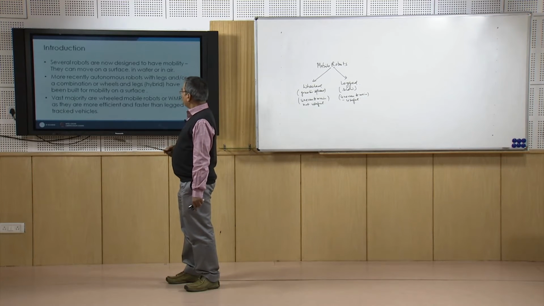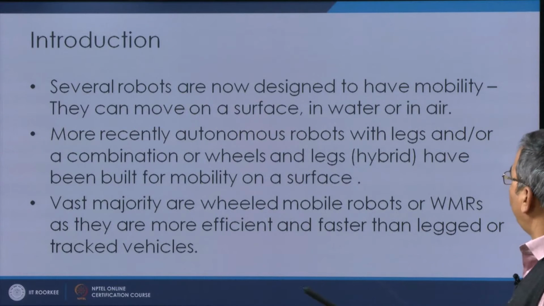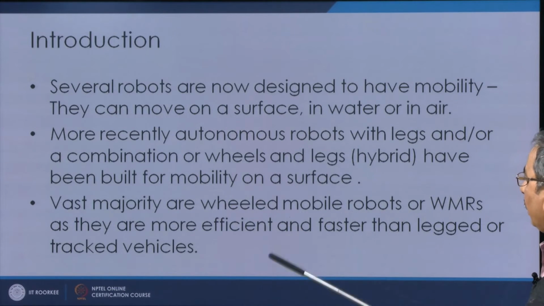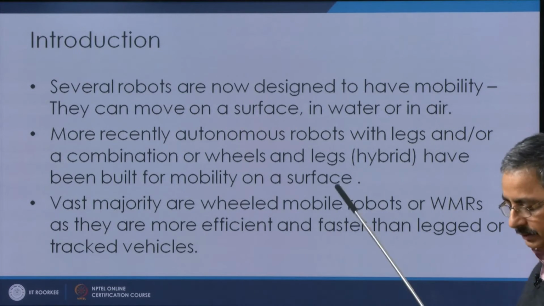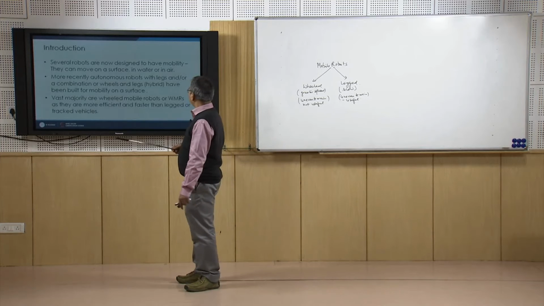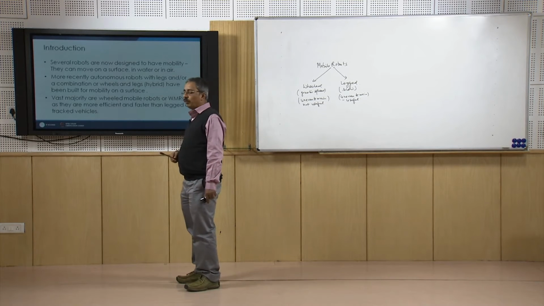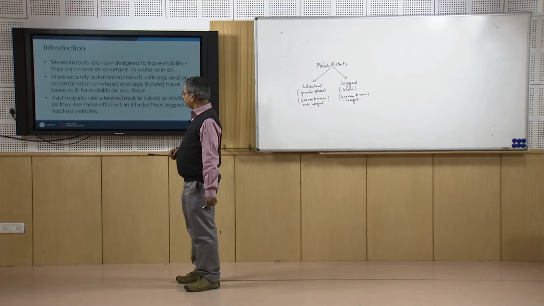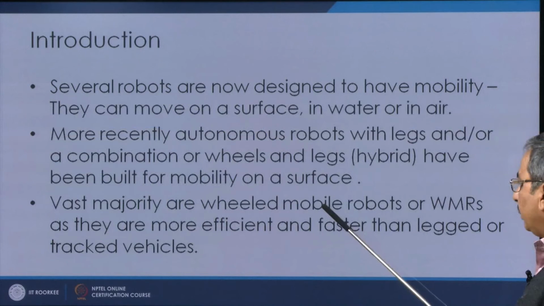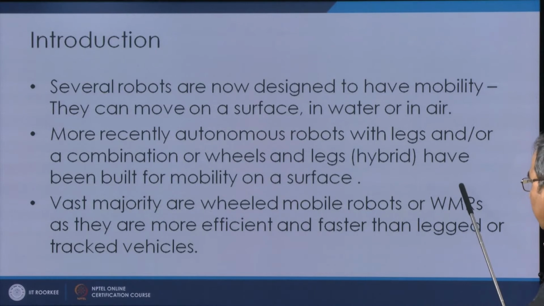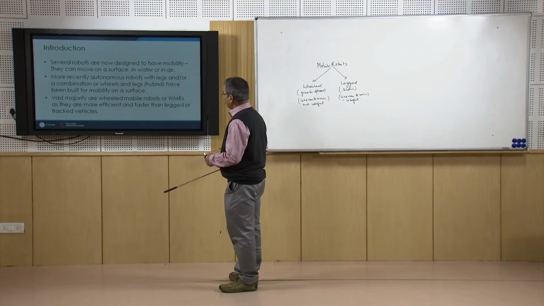Now, more recently autonomous robots with legs and or a combination of wheel and legs, that we call the hybrid one, have been built for mobility on a surface. The vast majority are wheel mobile robots, in short written as WMRs, as they are more efficient and faster than legged or tracked vehicles, as I explained to you over here.